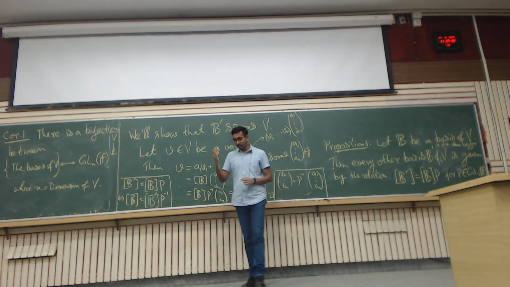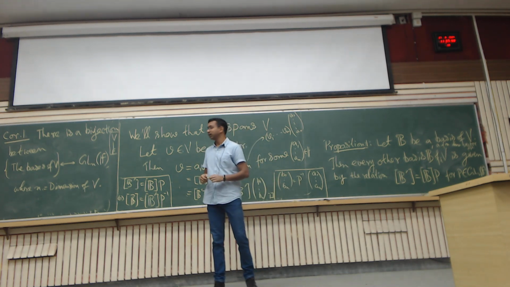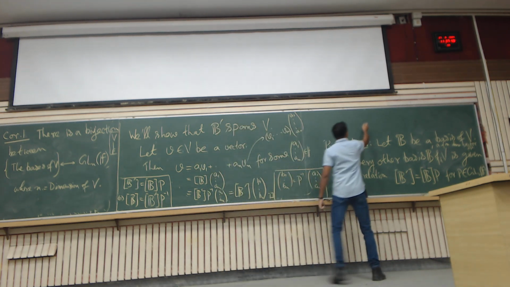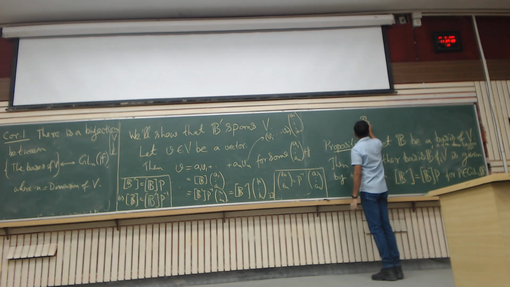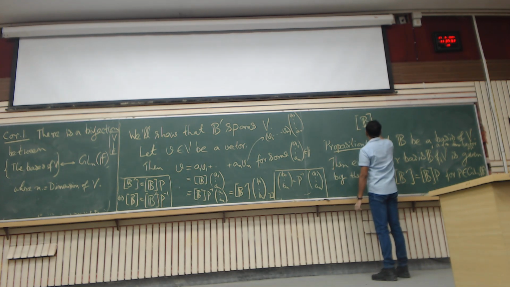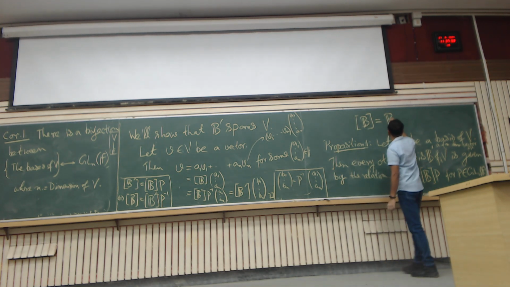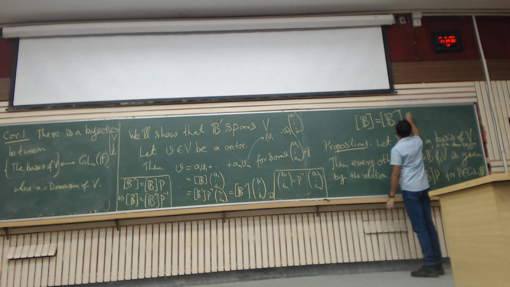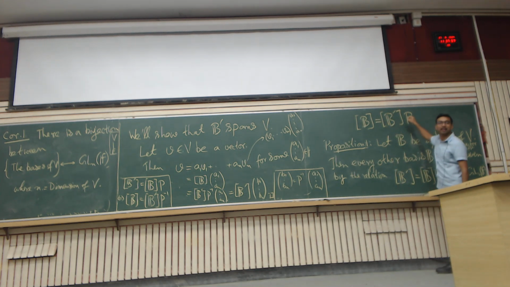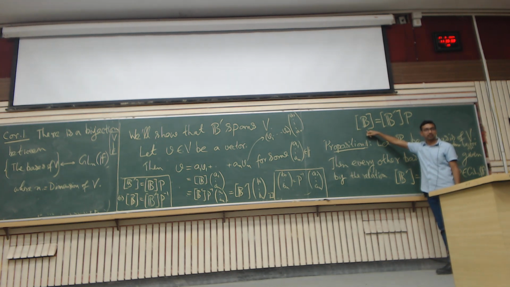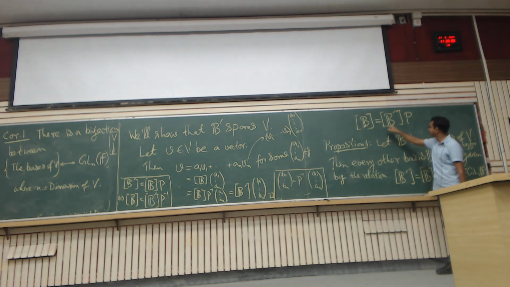So if you are given a basis B prime and a basis B, the old basis is written in terms of B prime. The elements of B are linear combinations of these. So given B and B prime, every column of P is uniquely defined.